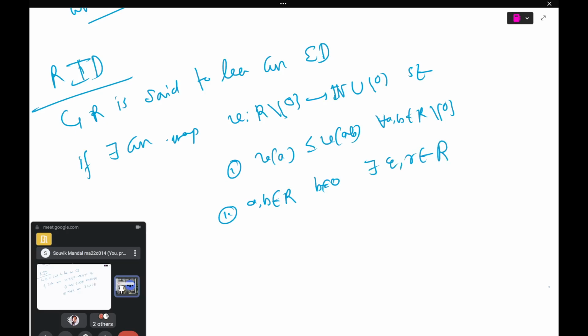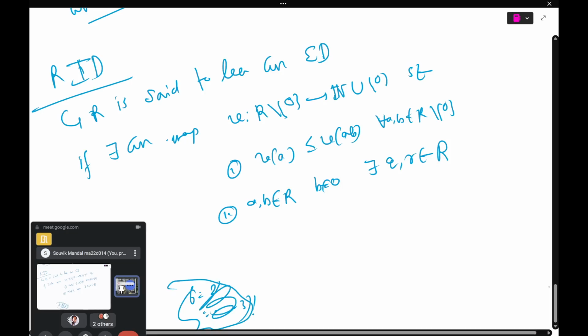By the way, you said there exists a unique Q, but it need not be unique. For example, 6 can be written as 2 into 3, and it can also be written as minus 2 into minus 3. So there is no point of uniqueness. Understand?